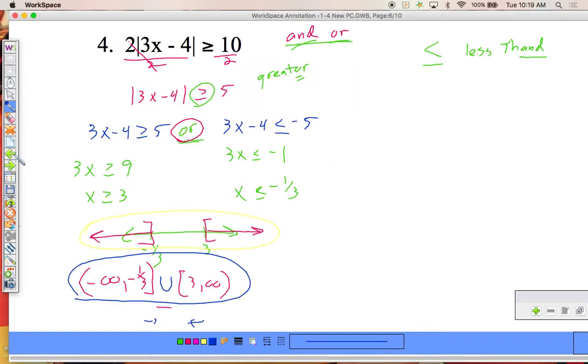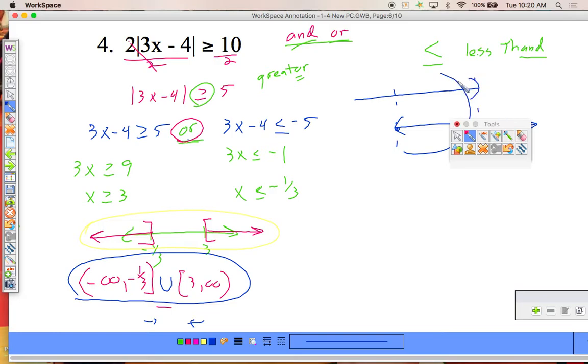If I wrote one that was an AND that looked like this, my AND statement, remember, I need what they have in common. And I would write an inequality that deals with the numbers that they have in common. An OR statement, give me everything. An AND statement, tell me where they intersect. And that would be the interval where they intersect.